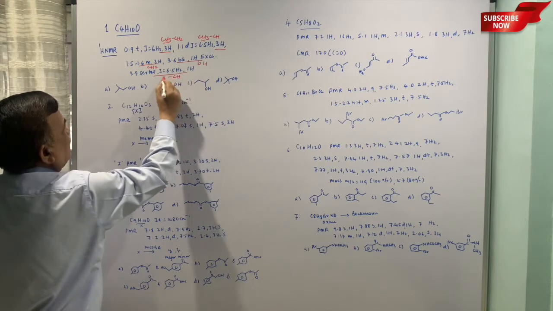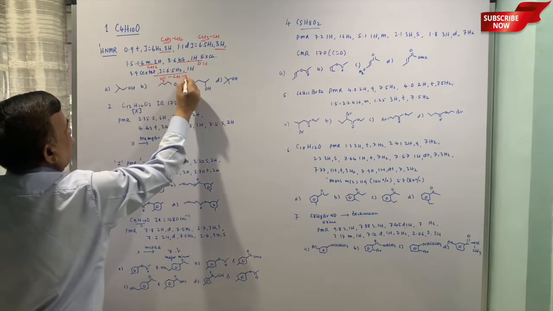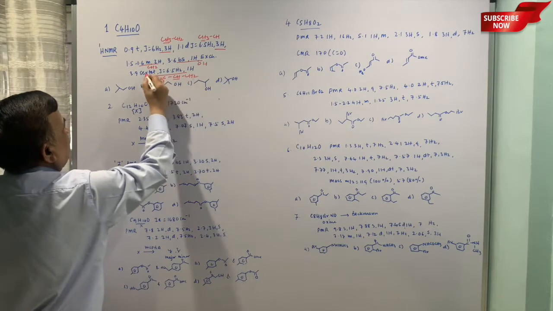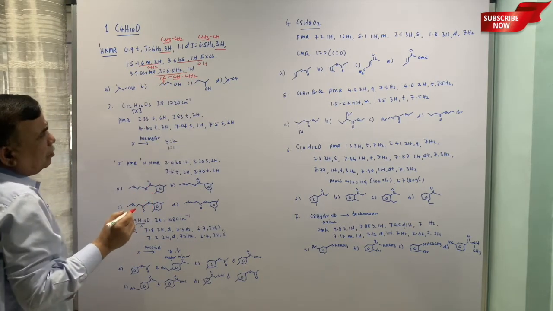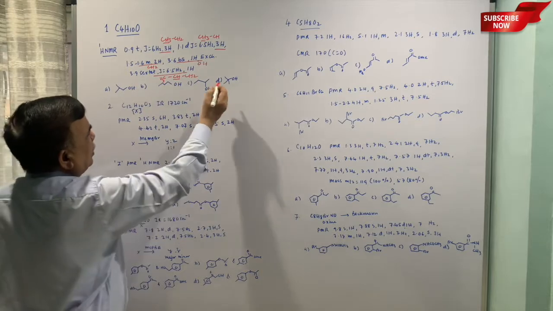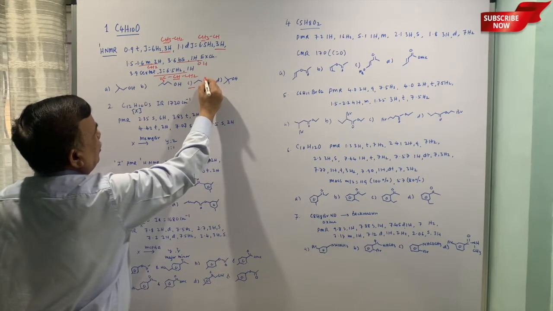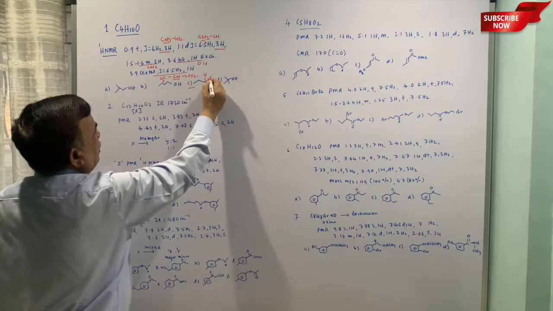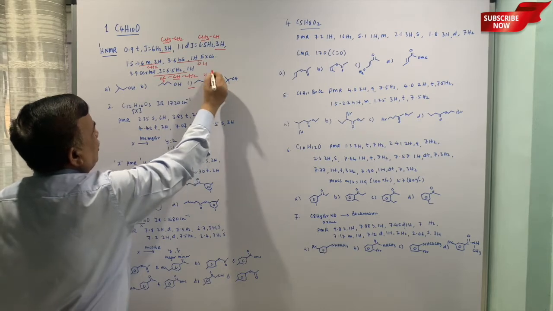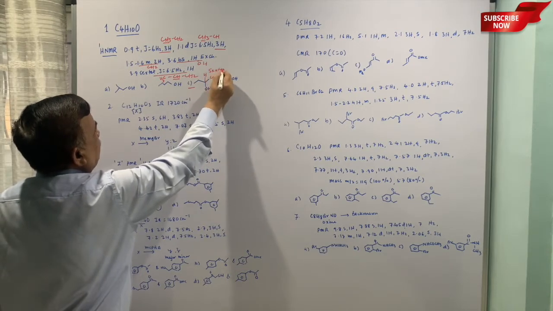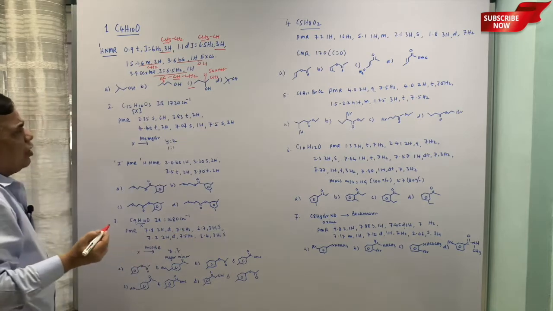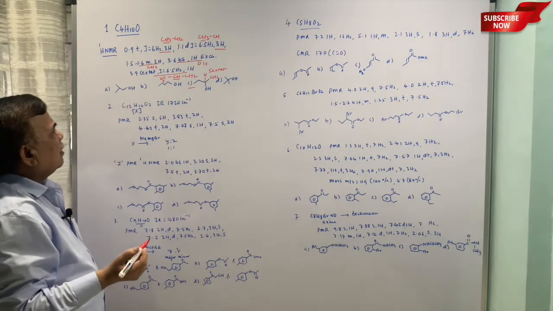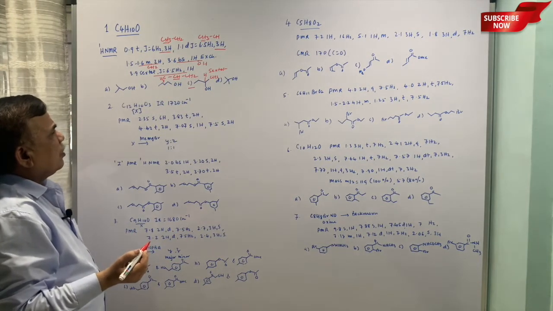We are having CH3 on one side and CH2 on another side, that's why sextet. This kind of situation is there in the third compound because this CH has 5 neighbors, so this will be a sextet. In all other cases, a sextet cannot be obtained.